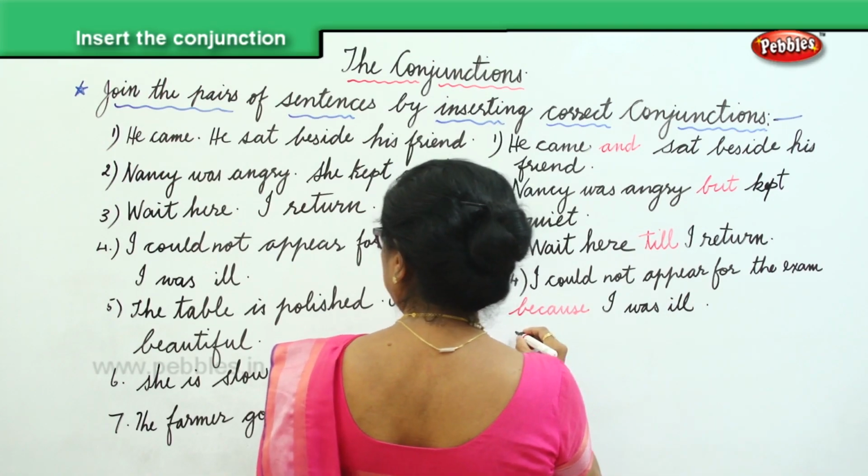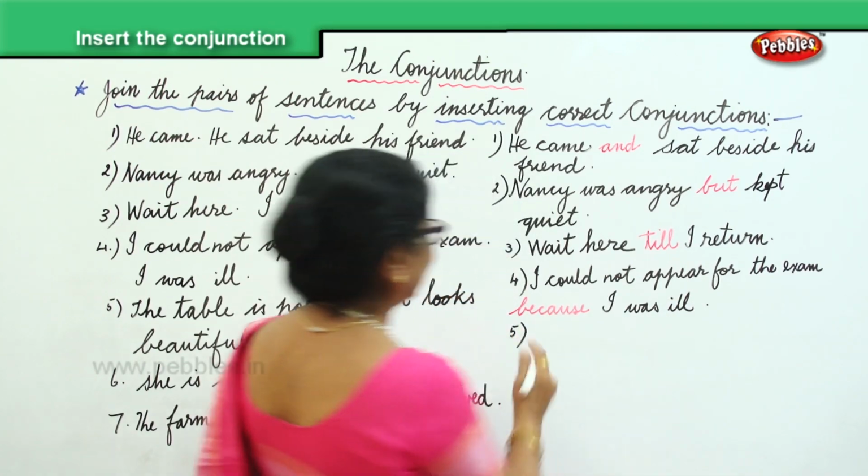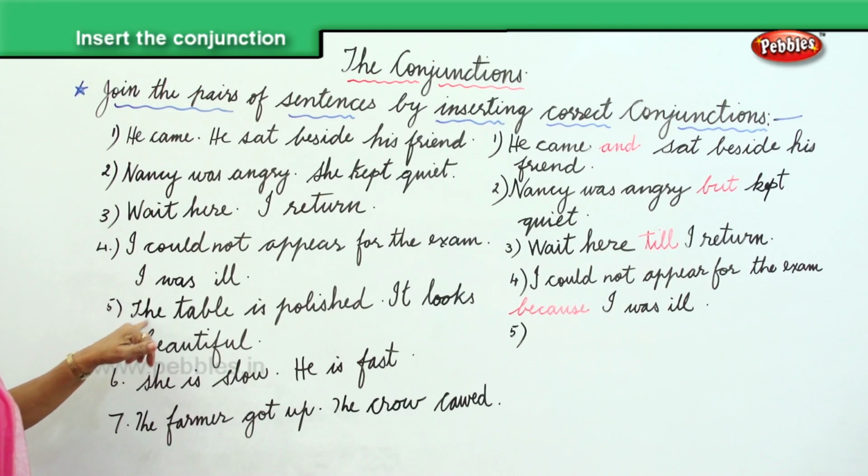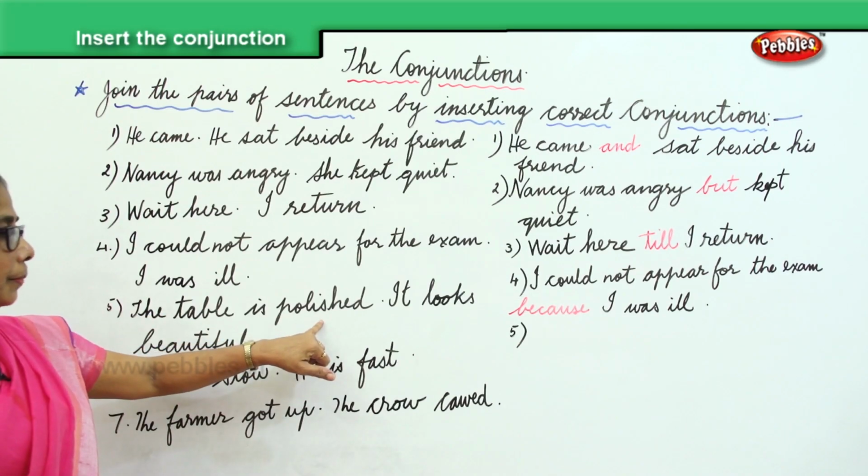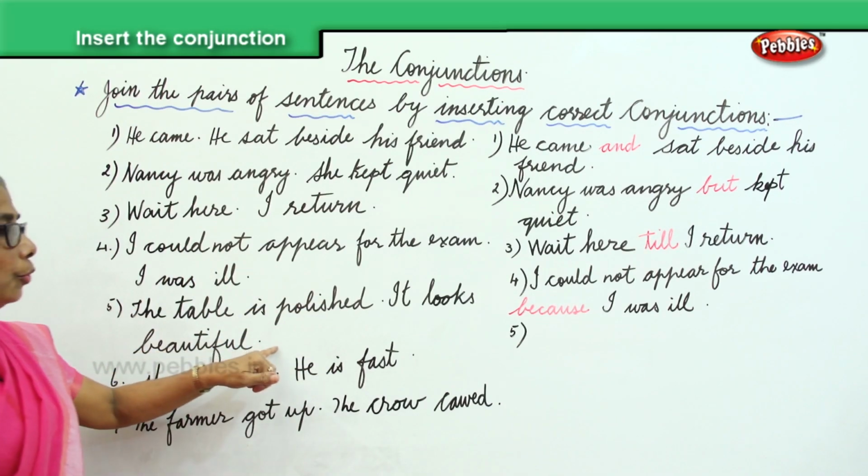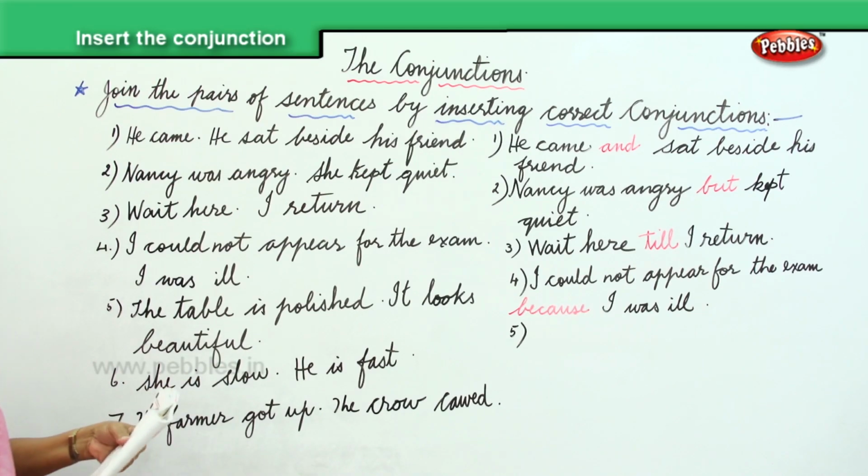Okay, fifth one. Now what is the fifth one? The table is polished. It looks beautiful.